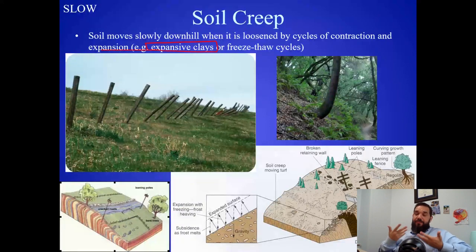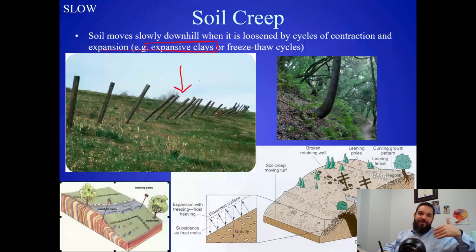You have to have some kind of hillside there. If you ever see fence posts leaning over to the side, people will think, oh, this is soil creep, but it's a totally flat surface. No, you have to have some kind of hillside for this.